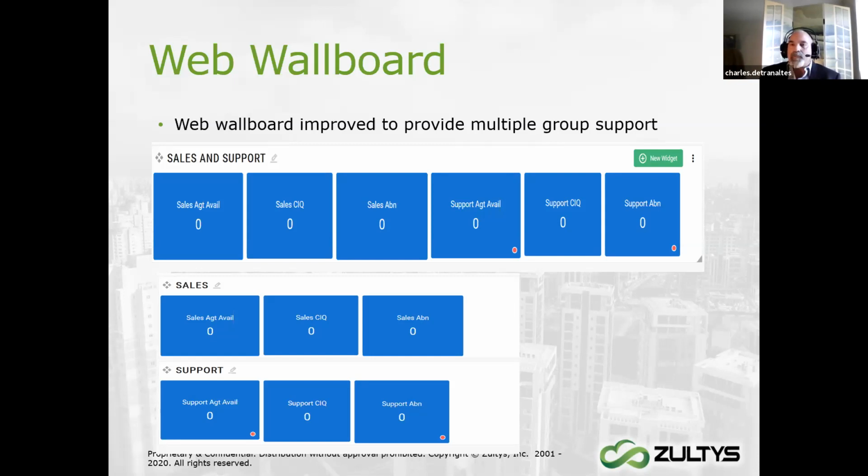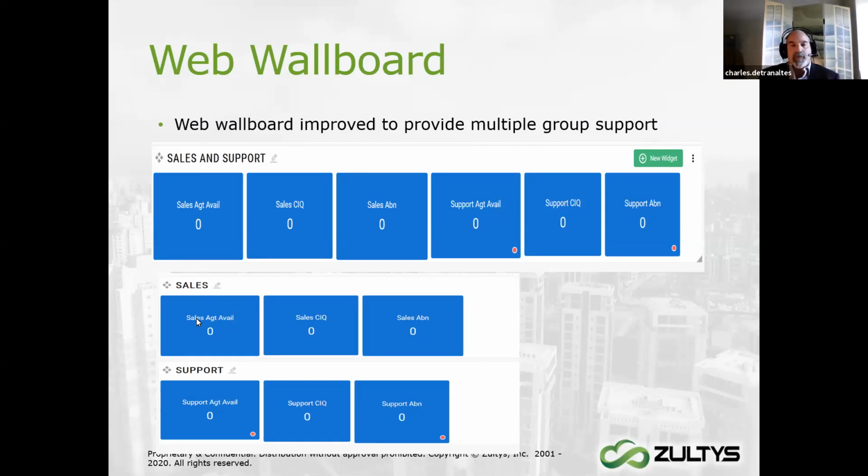And this is important because now it allows you to put multiple groups on a single web page. So in the example I show here, you can say, okay, I've got sales and support statistics. I can create large character windows for agents available, calls in queue for the sales group. On the same line, I can also have the support group.